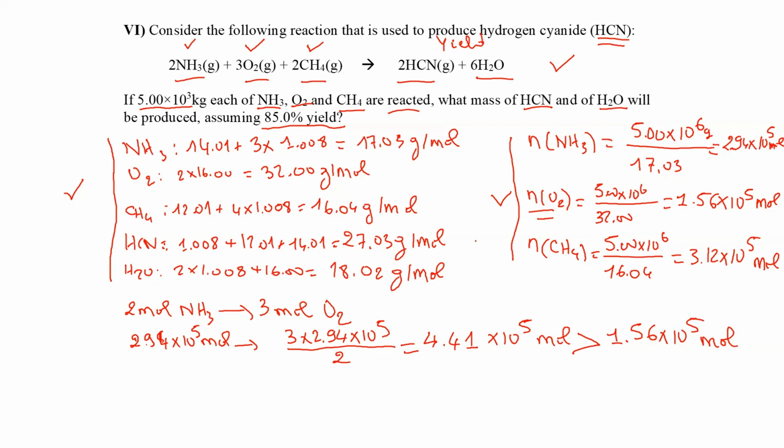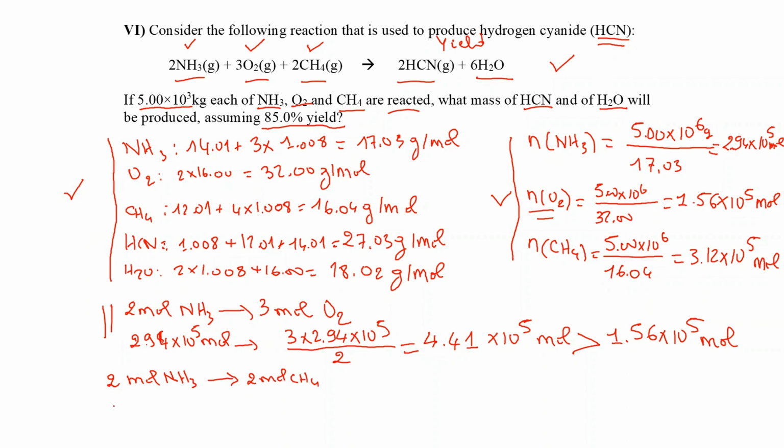Let's check the other reactant before we conclude. So we know similarly that 2 moles of ammonia should combine with 2 moles of methane.